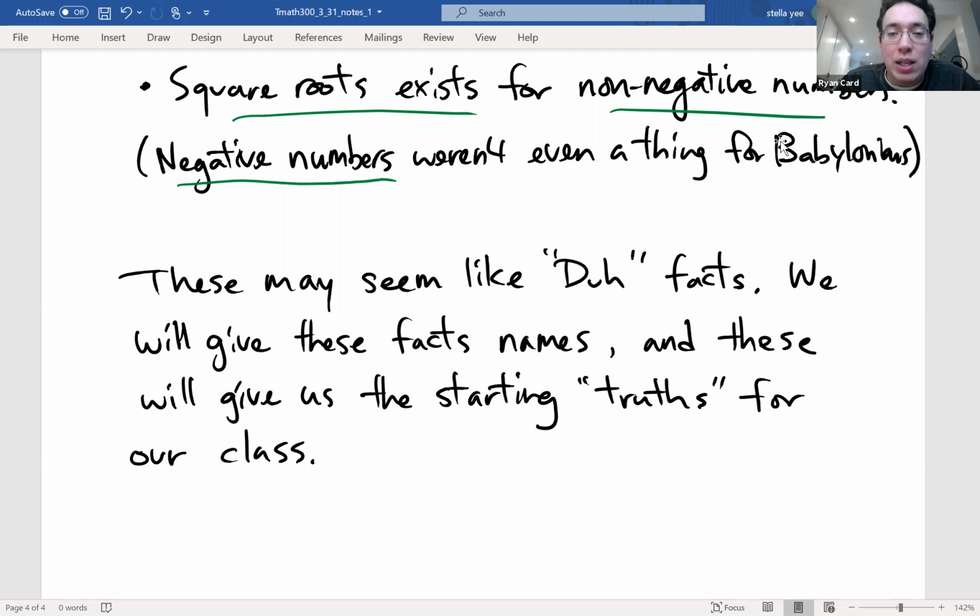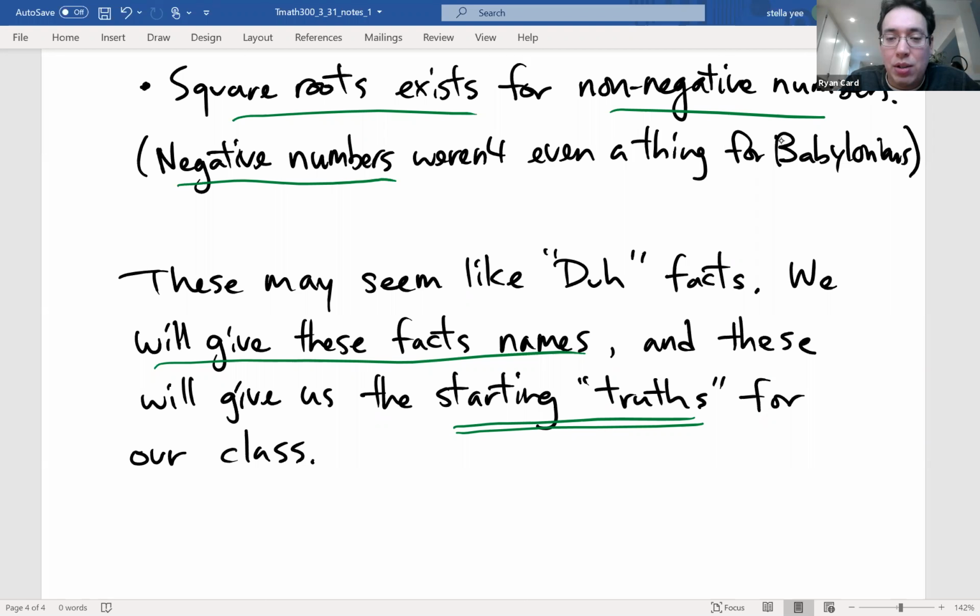So we're going to give these assumptions that we intuitively have about numbers, we'll give each of those facts names. And those will be our starting truth for our class. What I mean by starting truth is that everything else we'll do in this class will build from that.